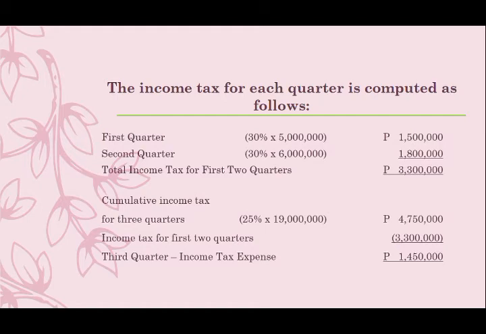So it would result to 4,750,000. Income tax for the first 2 quarters, which we solved earlier, is 3.3 million. So we will subtract 3.3 million from 4,750,000 to get the third quarter income tax expense of 1,450,000.